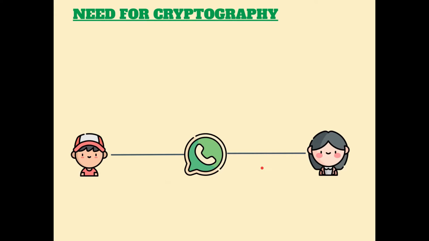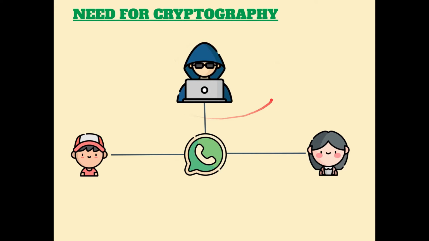Now, as they are sending messages, this messaging platform is not encrypted or protected in any way. Their message is open. So any private message can be read by anyone who hacks into the system. And here arises the question, what if an intruder or a hacker hacks into the system?